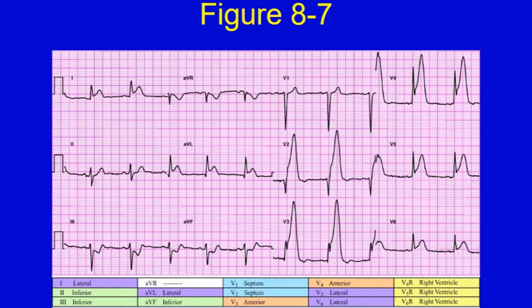Okay, so this is really cool here. This is where these come into shape. If you look at the T waves, they look like somebody put a string in them and picked them up, right? That's the very early stages of an MI.